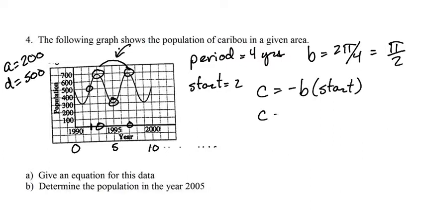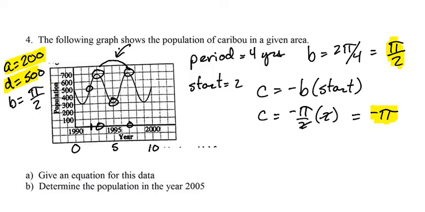So that means C is equal to negative pi over 2 times 2. The 2's cancel, and we're left with negative pi. So now we have our A value, our D value, our B value, and our C value. If I finish writing those down here, I've got B equals pi over 2, and C is equal to negative pi.